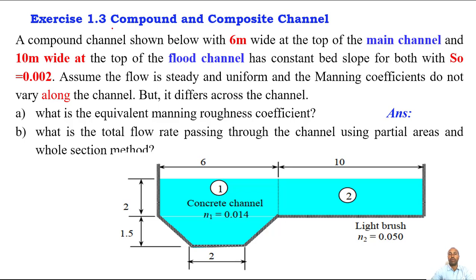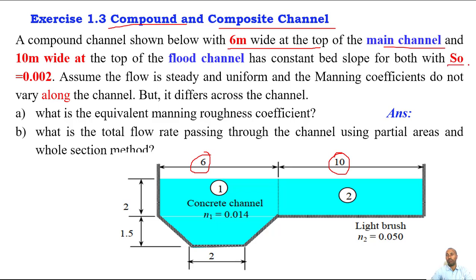You can try it as an assignment, compound and composite channel. You have a compound channel and different roughness property. So a compound channel is shown below with 6 meter wide at the top, the main channel. This is the main channel. Then 10 meter wide at the top of the flat channel, 10 meter for the flat channel and 6 meter for the main channel, with constant bed slope for both.